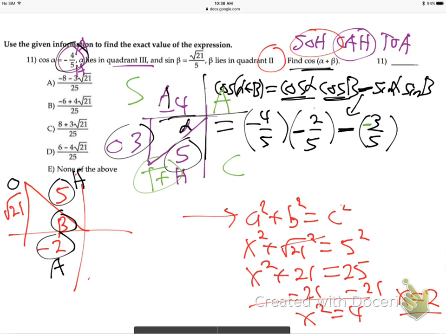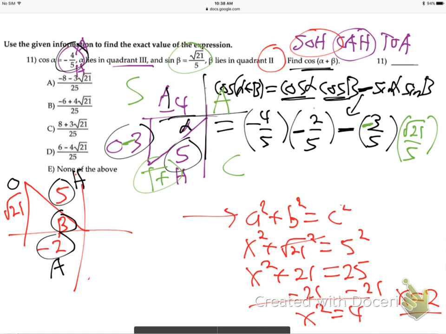Sine is negative 3/5. So watch this, because this is really a negative 3. But you don't have to put them on the triangle. You can just keep using all students take calculus. You with me? Make sure you get the right signs on that. Finally, sine of beta. They gave me that straight, didn't they? Sine of beta is right there, root 21 over 5. Whew, this is a difficult problem.